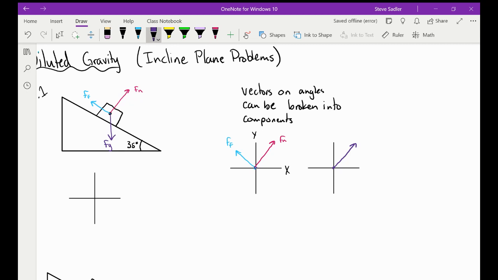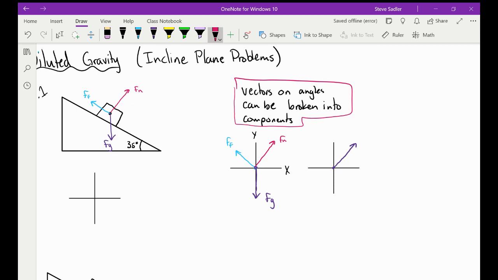And gravity is the only one that's acting in the X or Y direction, which makes our life a lot easier. So something that you can do with forces like this that are at weird angles is you can break these vectors on angles into components. That's what I've written right there.